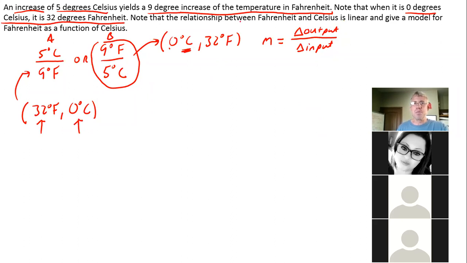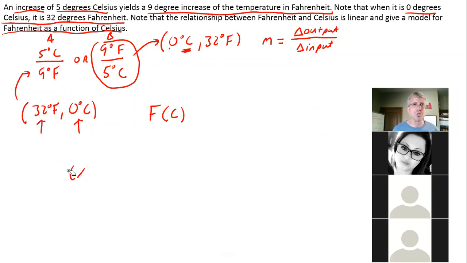So note that the relationship between Fahrenheit and Celsius is linear, and give a model for Fahrenheit as a function of Celsius. So the idea is I can get two rates and two ordered pairs from the information that's been given to me, but now I'm being asked very specifically to do something. Fahrenheit as a function of Celsius. F as a function of x, as a function of. The thing that comes second is the input.